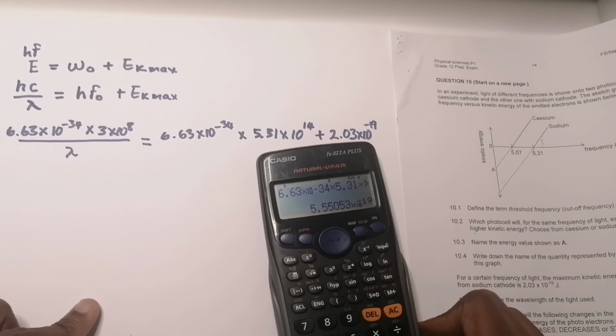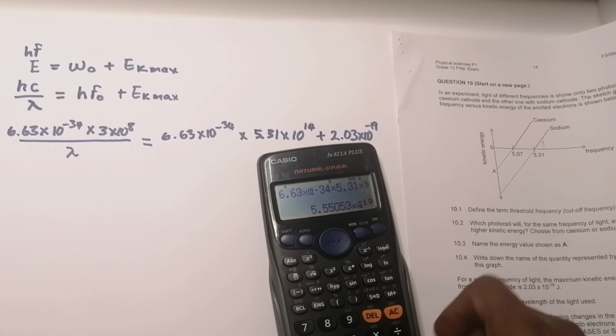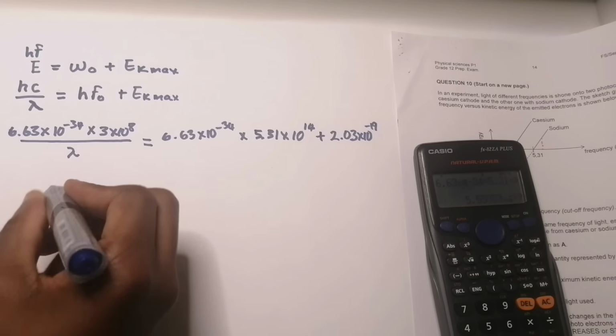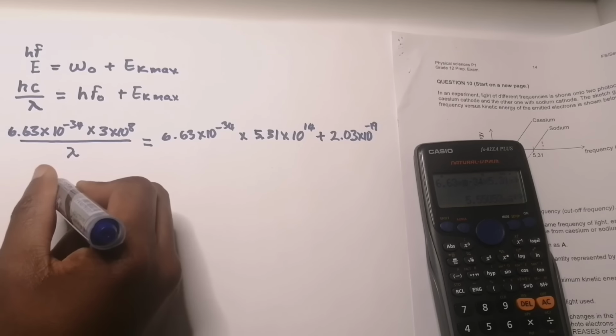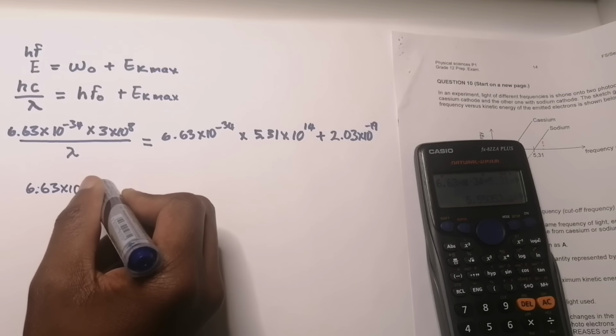I'm just going to retain that value. Now, because I know some of you would complain about the mathematics involved here, what you would have is 6.63 times 10 to the minus 34.